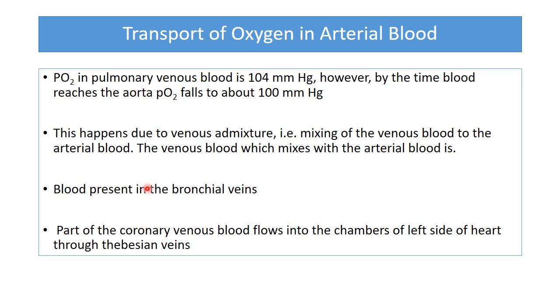It comes from the bronchial veins, from the bronchial circulation that supplies mainly the deep tissues of the lungs, and secondly from the coronary venous blood flow through the Thebesian veins. Both of these deoxygenated shunted bloods directly enter the left side of the heart and mix with the arterial blood.